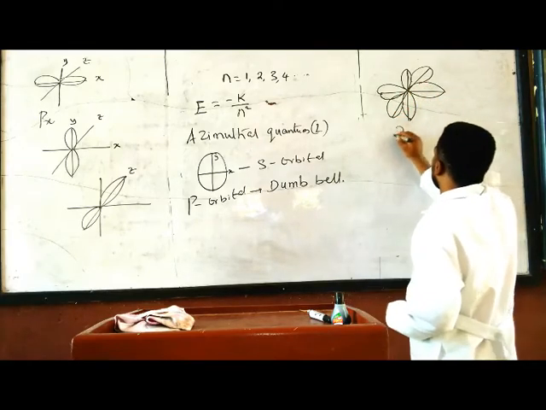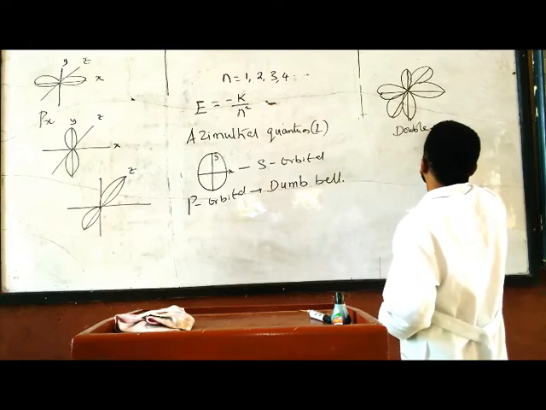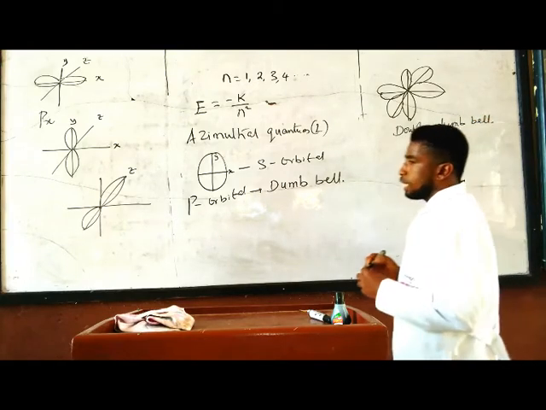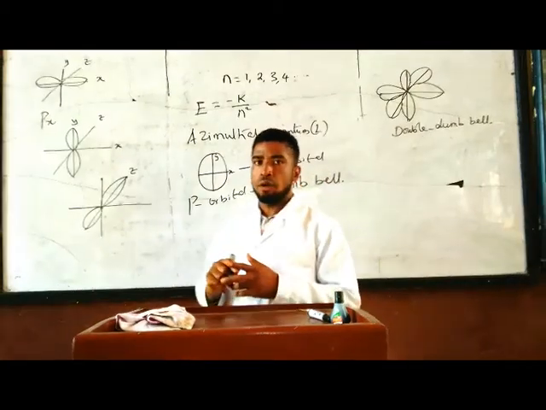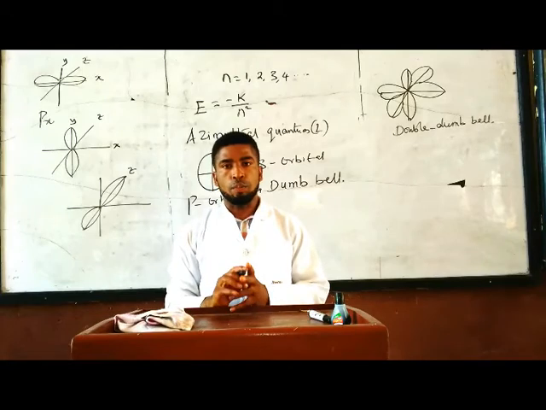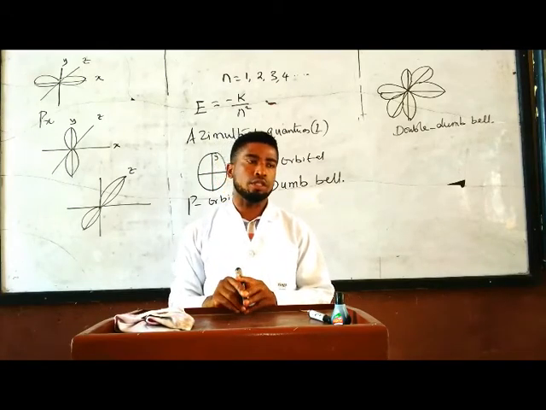So this is a double dumbbell. And that is the shape of the orbital. So please try to know all these things.